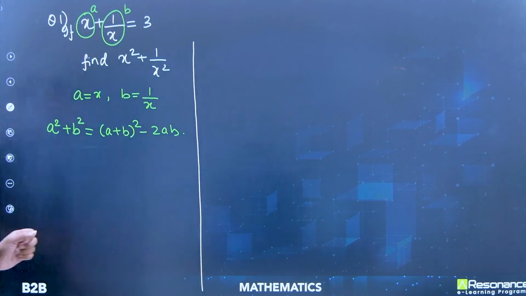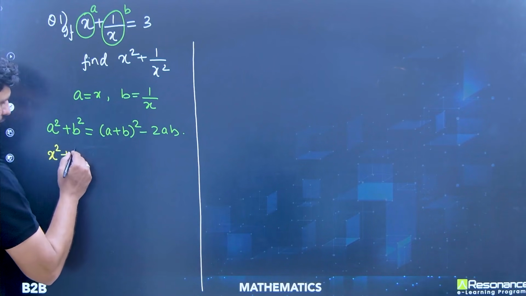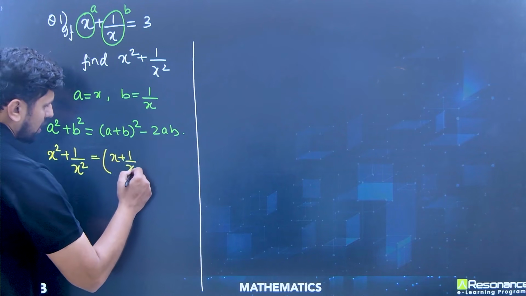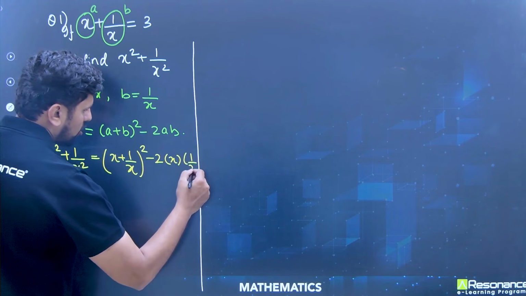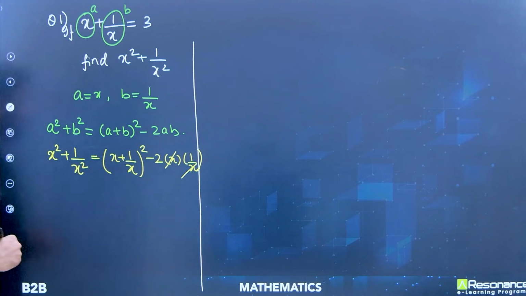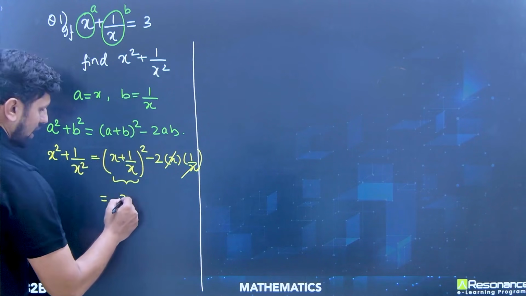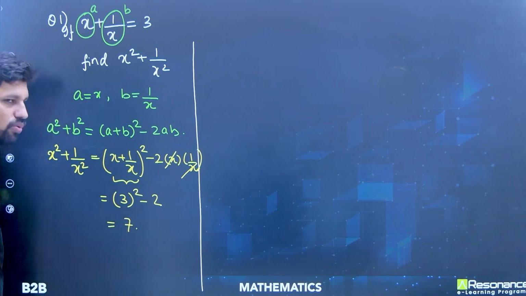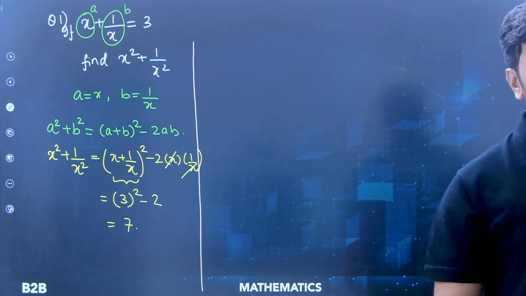Now put the values here. It will be x square plus 1 by x square equals x plus 1 by x whole square minus 2. See, the product of these two will get cancelled. And we know the value of this thing, x plus 1 by x is already given as 3. So 3 square minus 2, which is equal to 7.